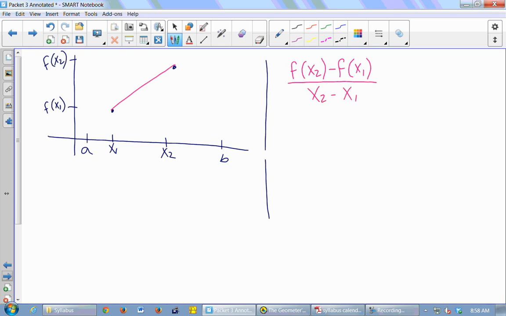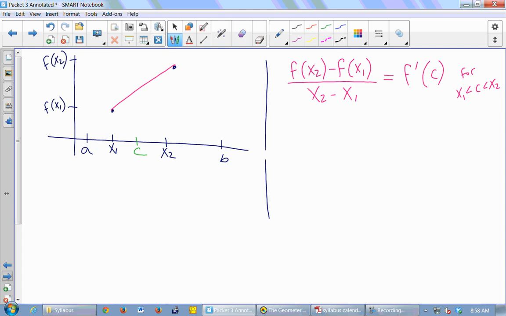And the mean value theorem guarantees that there is some number in between x1 and x2, so that the slope of the tangent line equals the slope of that secant line, for x1 less than c less than x2. Okay. So there's some c in here that makes that statement true, just the mean value theorem.